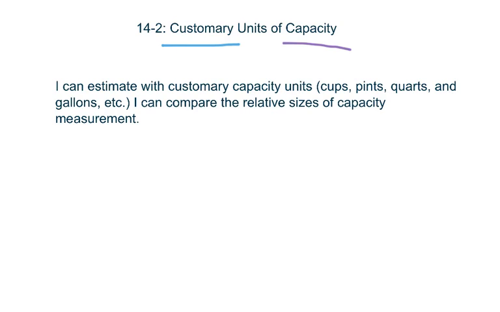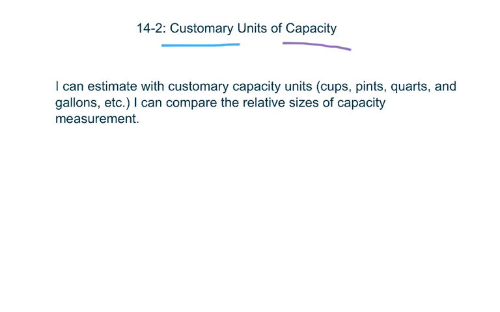A great way to understand capacity is to actually go to your kitchen. Things in your fridge and in your cabinets where you keep your cooking utensils have a lot to do with capacity. For instance, a gallon of milk or a quart of juice. Today we're going to be focusing on 4 units of capacity.